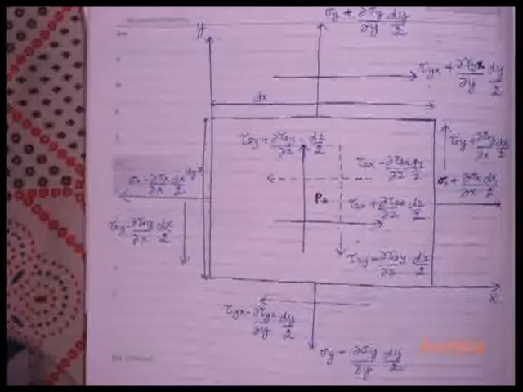Similarly, at the face which is towards the left of the point P, that is towards the origin, we can write the normal stress in the direction of the x-axis as sigma x minus the partial derivative of sigma x multiplied by dx by 2, and so on and so forth.